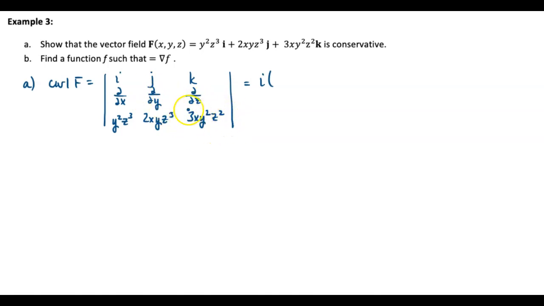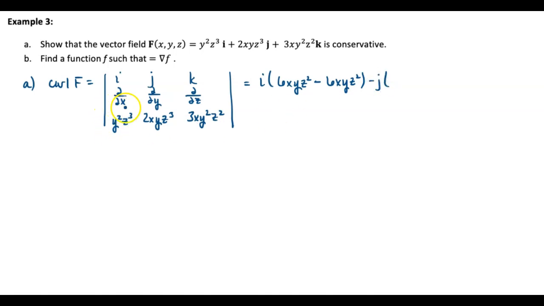And so with respect to y, treating x and z as constants, this is going to look like 6xyz squared. Subtracting from that the partial derivative with respect to z of 2xyz cubed, treating x and y as constants, that's just going to look like 6xyz squared.